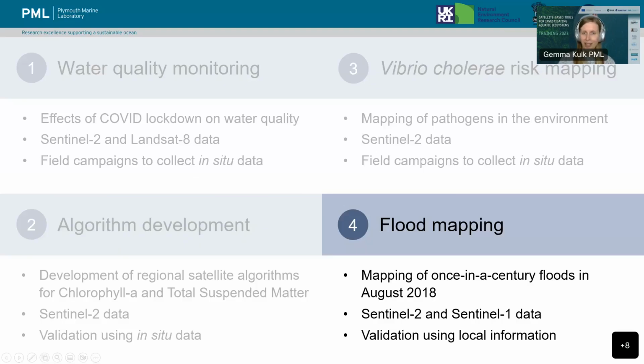So I will now continue with the fourth and last case study on flood mapping, in which we use both multispectral observations from Sentinel-2 and synthetic aperture radar observations from Sentinel-1, and validate the satellite observations using local information.